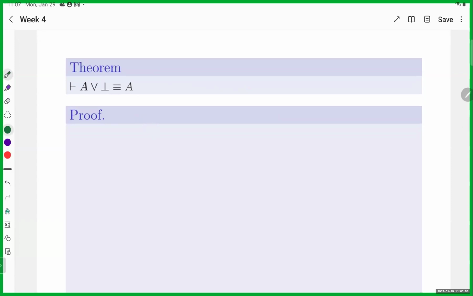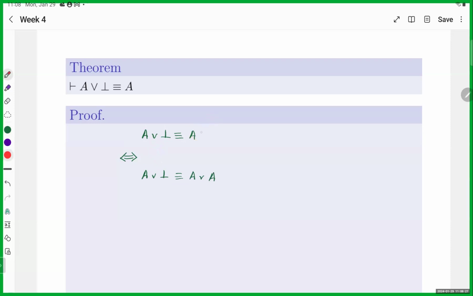So I want to start with the whole thing. Again, this may not be the only way to prove this. I'm sure it's not, but it's the simplest thing that comes to my mind. This is equivalent to A or bottom is equivalent to A or A. What did I do here?